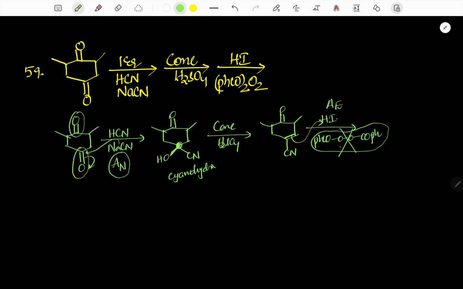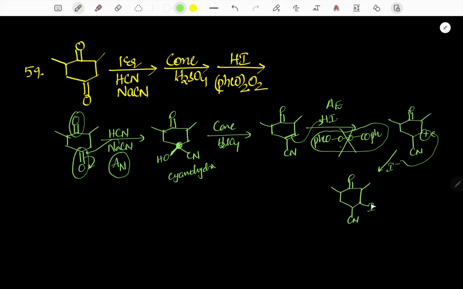So the alkene reacts with H plus and forms the corresponding carbocation. And now this carbocation reacts with I minus, and finally it forms the corresponding product like this. It is simply electrophilic addition.